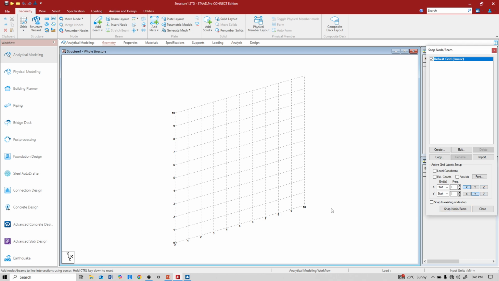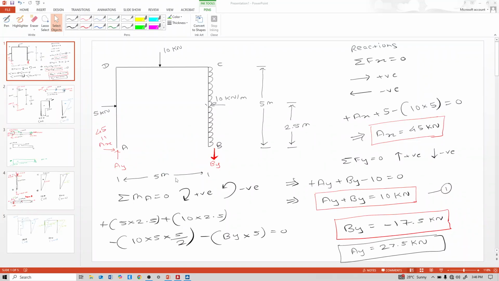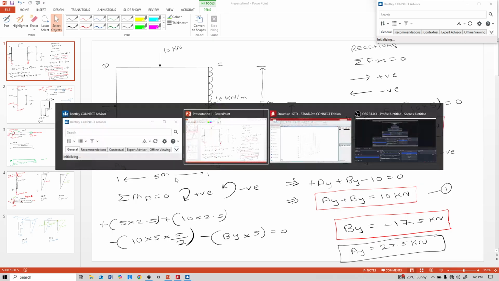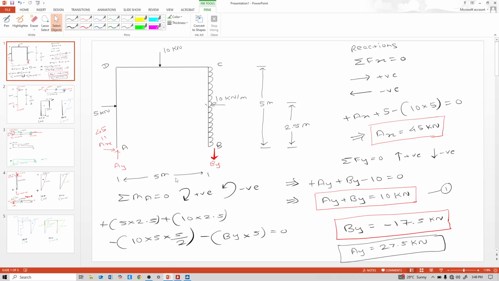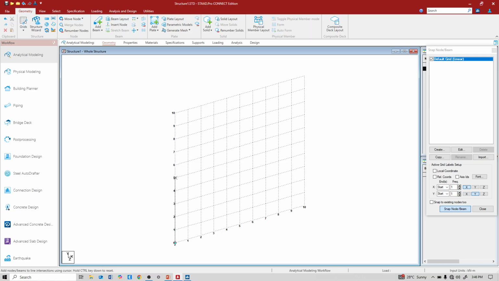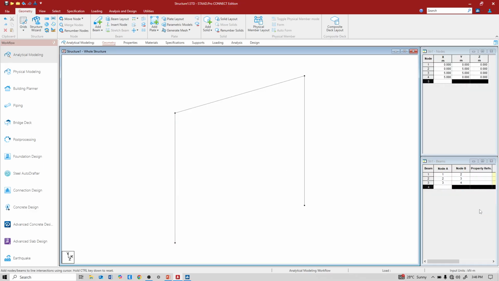Here snap node, click on snap beam. This is 0 to our total height of this is 5. Okay. 5 here, 5 to 5, again 5 to 5. Now close. To see, nodes are generated here.